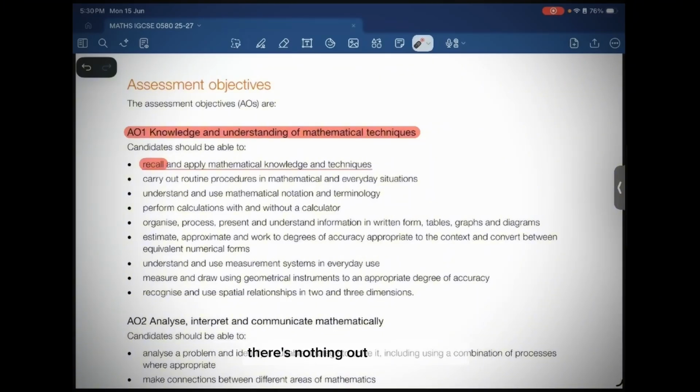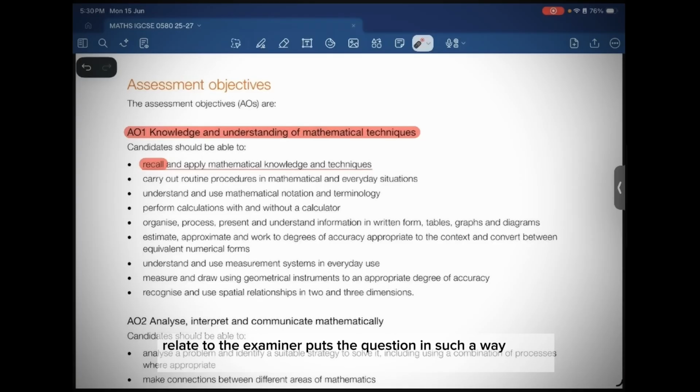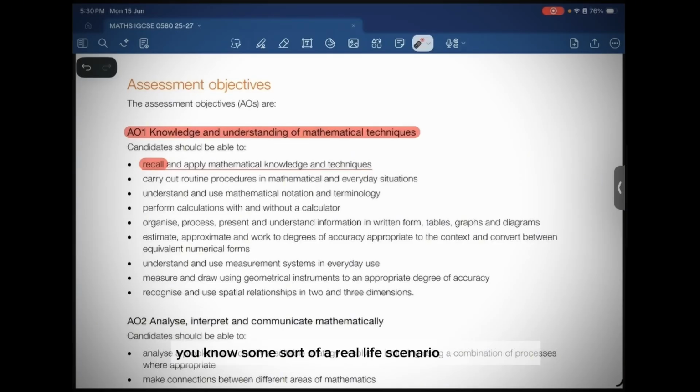There's nothing out of the ordinary. You've been doing that for a very long time. At the same time, everyday situations: sometimes we see questions that we can relate to. The examiner puts the question in such a way that some sort of real life scenario or real world problem is given to you.